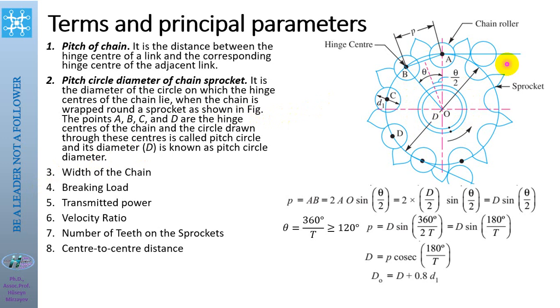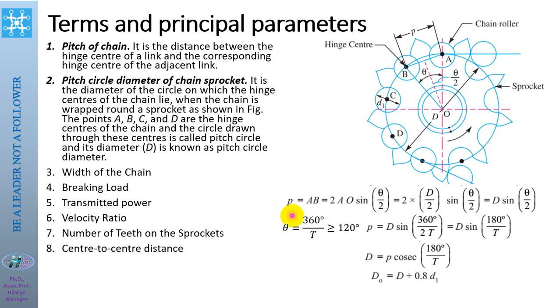As dynamic parameters, the breaking load is a main parameter. Transmitted power is also a main parameter. The velocity ratio, the number of teeth on the sprockets, and the center to center distance are main parameters.